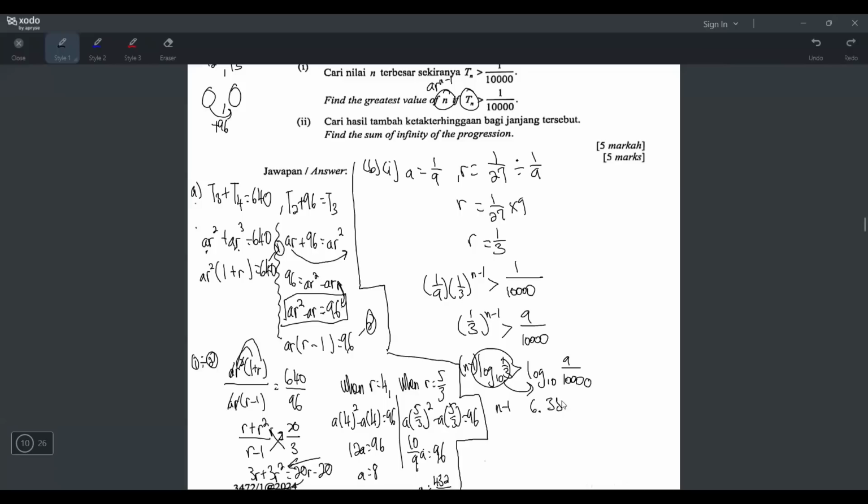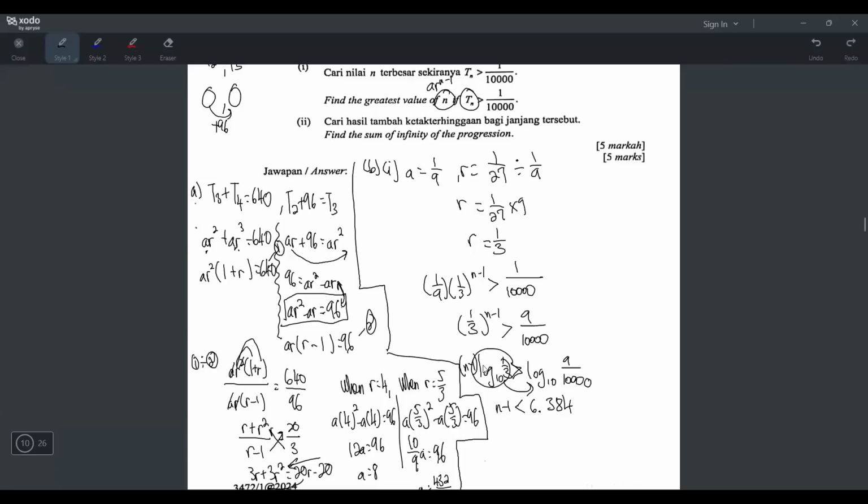Now you have to be careful here. This one is bigger, right? So this one, you have to write smaller. You know why? Because when you divide with a negative number, you have to reverse the symbol. So the bigger now becomes smaller. And why I say this one is negative is because this one is log 1 over 3, and 1 over 3 is 0 point something.